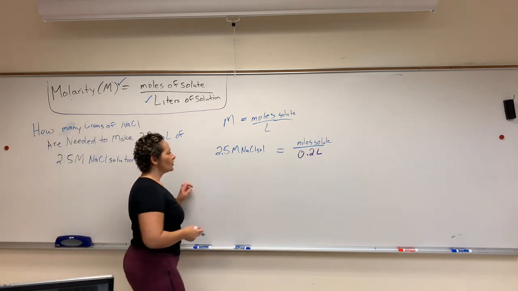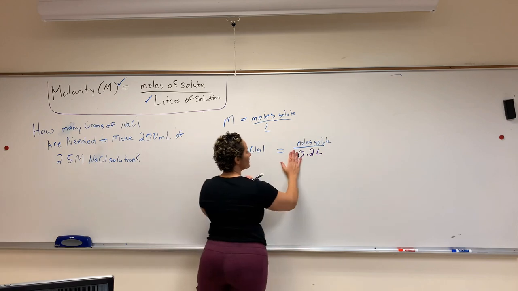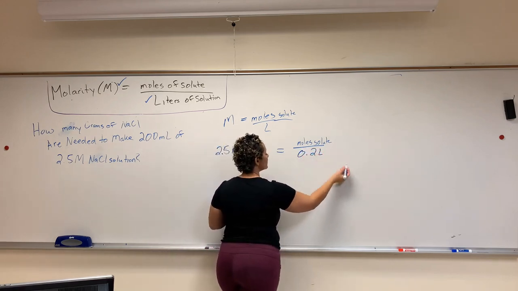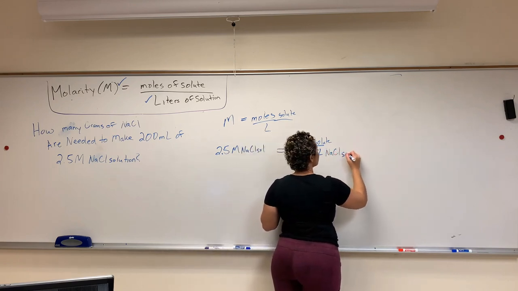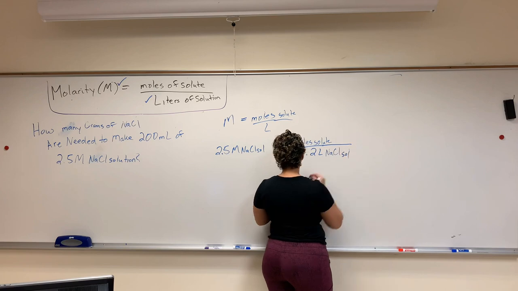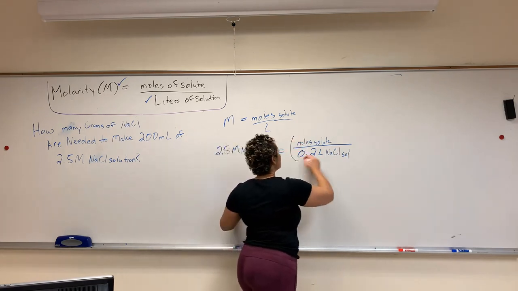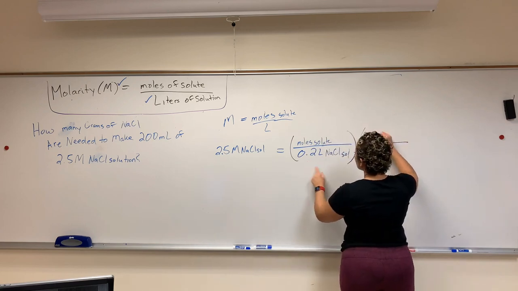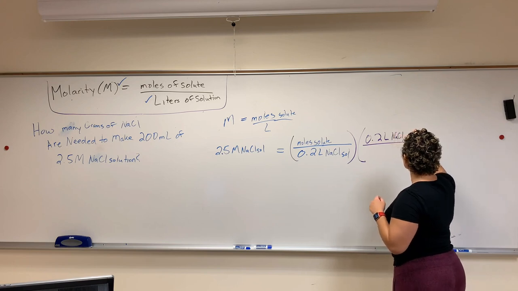Alrighty. So let's get moles by itself. Excuse me, I'm going to change this to blue. 0.2 liters of NaCl solution. I want to isolate moles by itself to solve for moles. So I need to get rid of this by multiplying by its inverse, 0.2 liters NaCl solution.